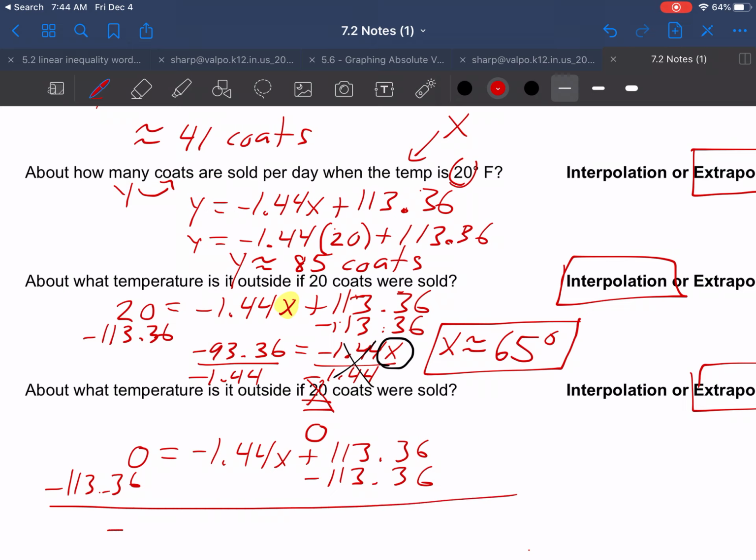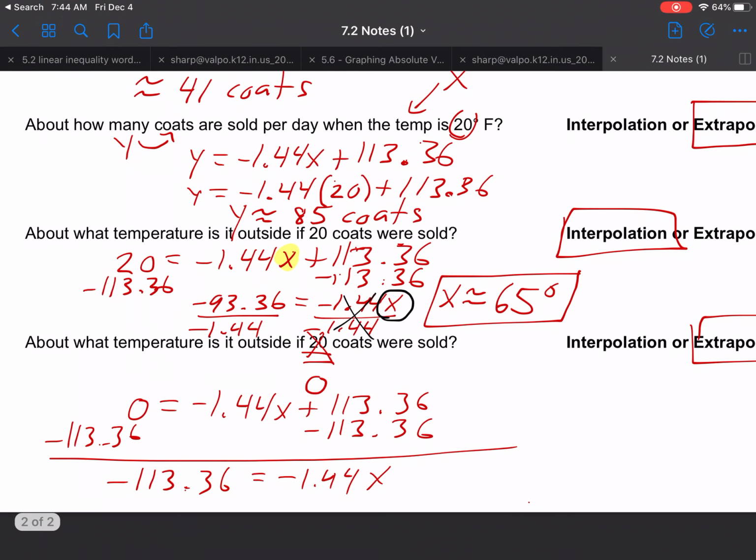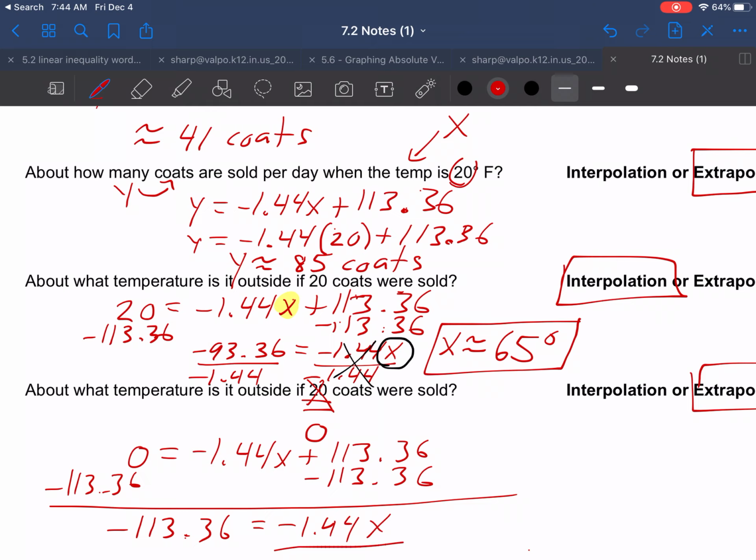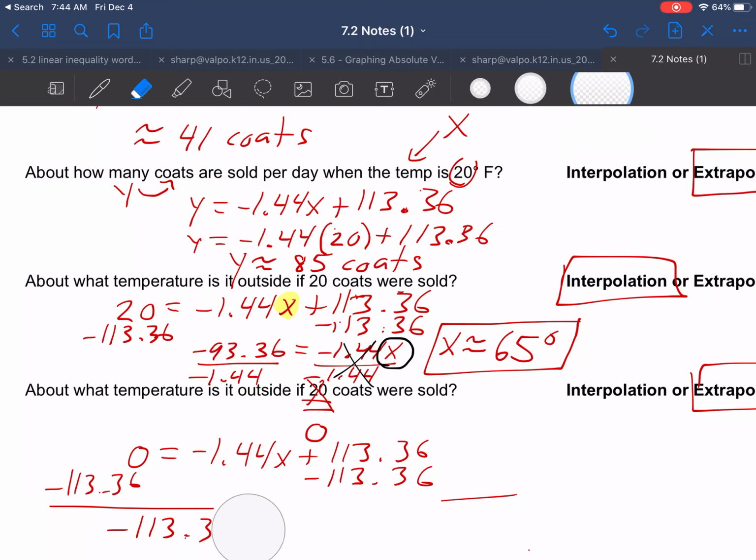Now what happens is a negative 113.36 will be equal to a negative 1.44x. Do the same thing we did last time. Divide out your negative 1.44 on both sides. I'm at the bottom of the screen. Let's just bring this up a little bit higher.